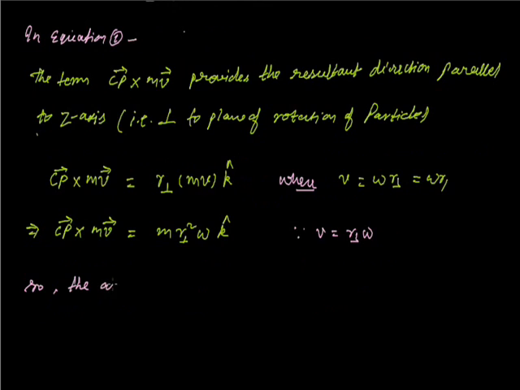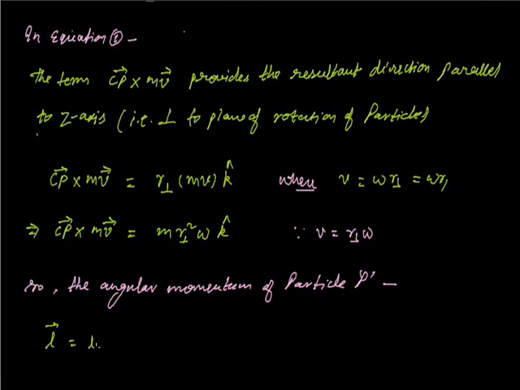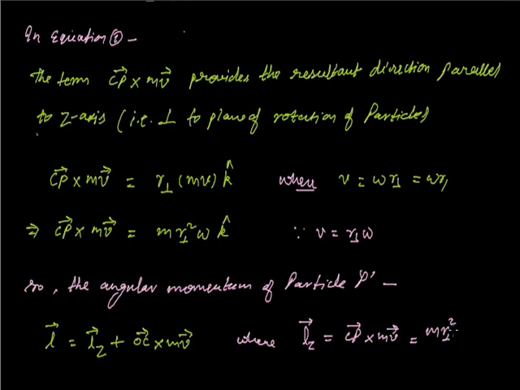So the angular momentum of the particle P can be expressed again as L equals Lz plus OC cross mv, where Lz equals Cp cross mv equals m R perpendicular square omega in the direction k cap.